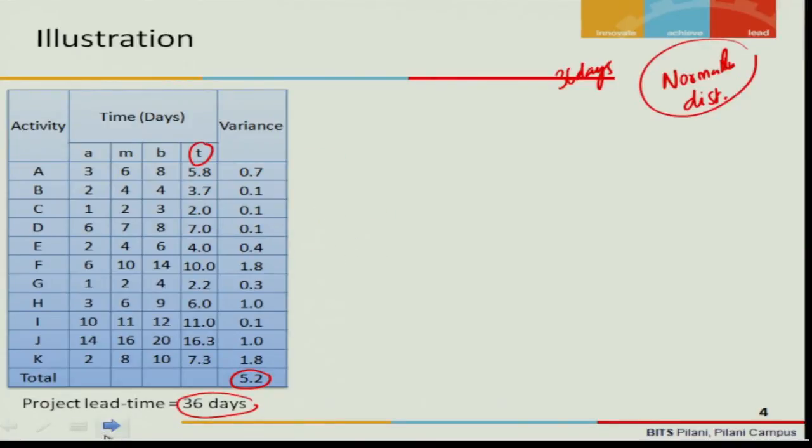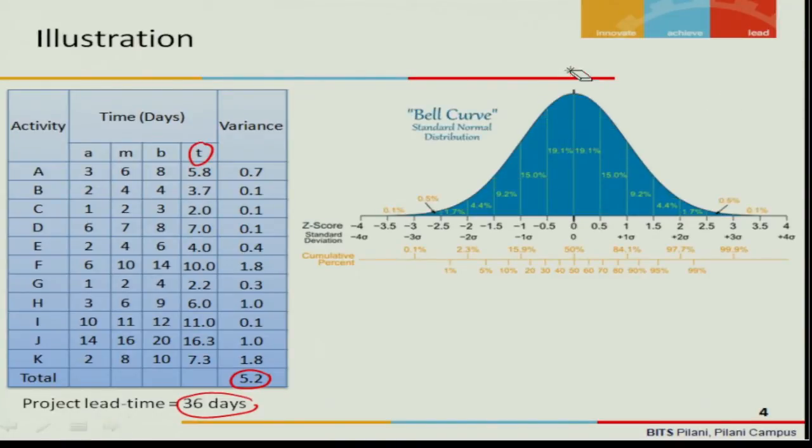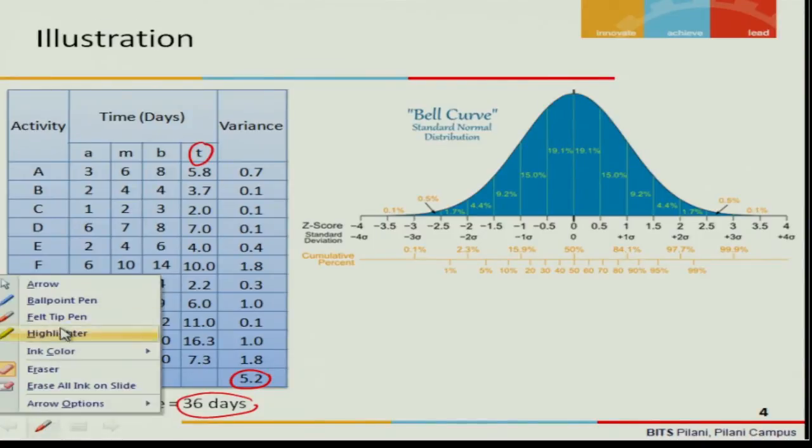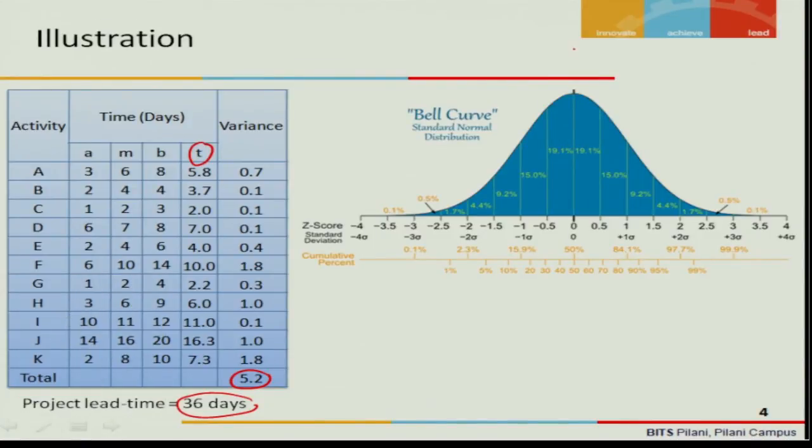Now we look at the normal distribution, and we have found that this is 36 days, and variance is the square of sigma.